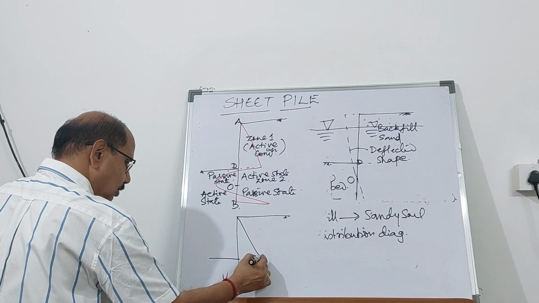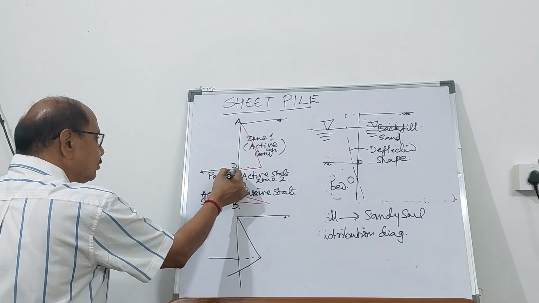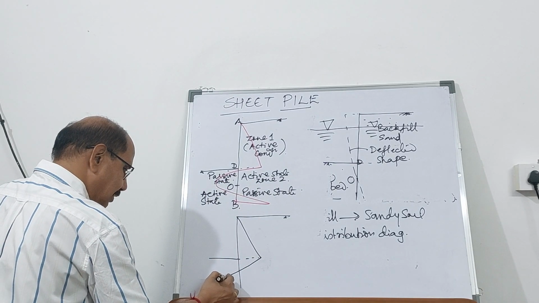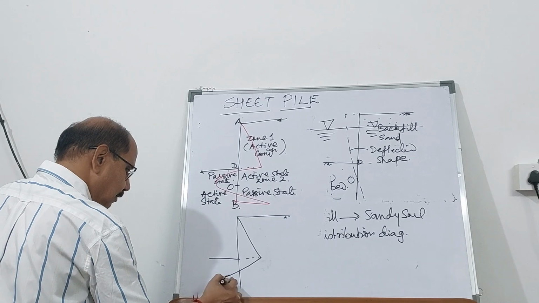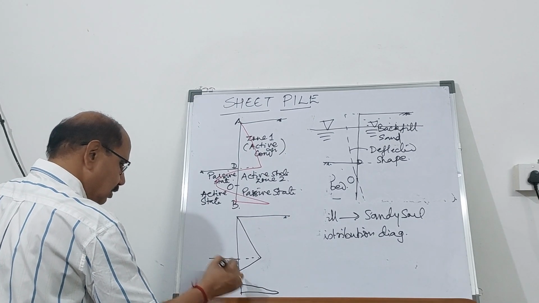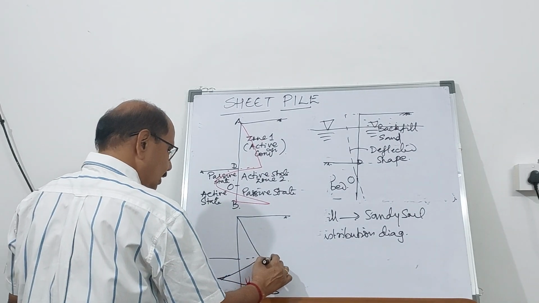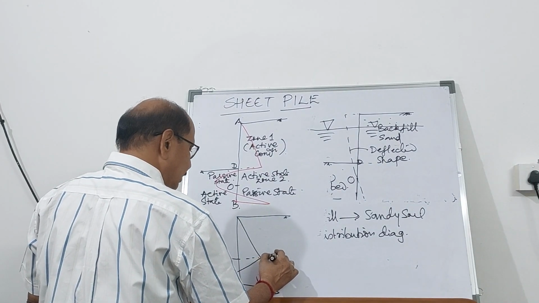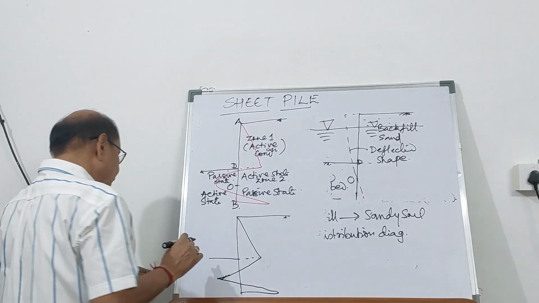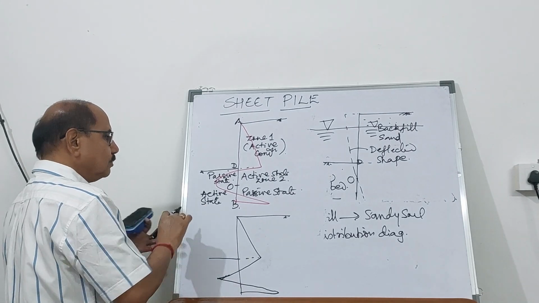So it is going like this, and we can make it further like this, like this. So this becomes the lateral earth pressure distribution.